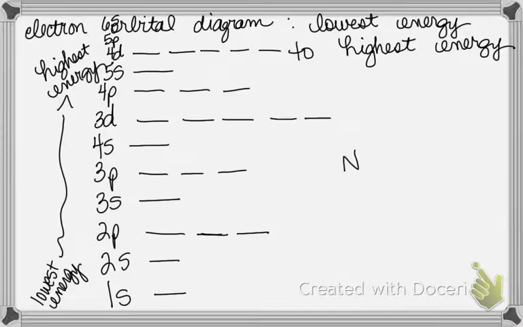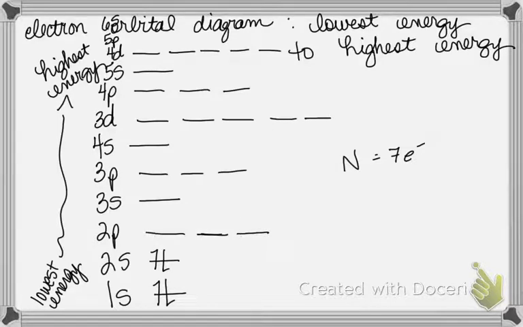Nitrogen has 7 electrons. So, how we draw nitrogen's configuration, 1, 2, 3, 4. Now watch what happens next. 5, 6, 7. That is the proper way to do it.